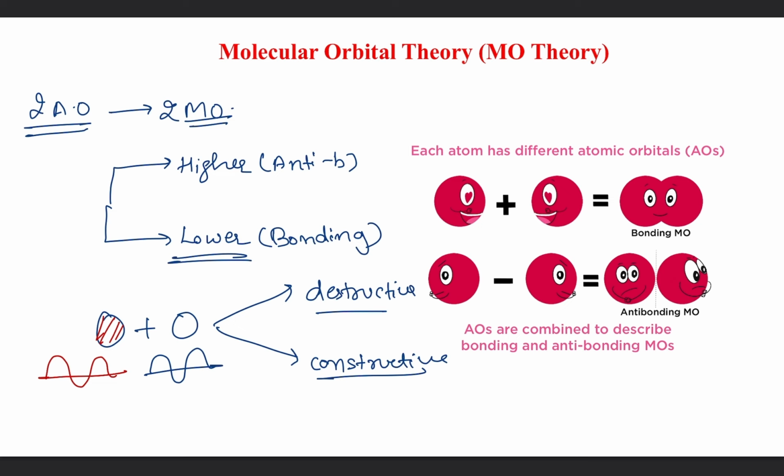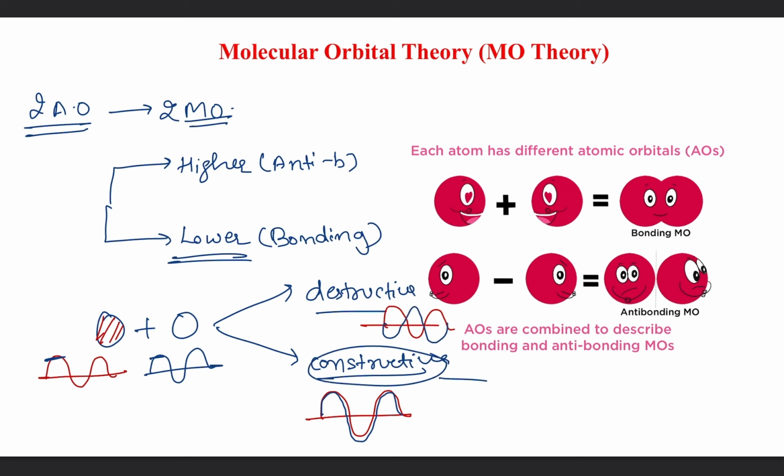When they overlap constructively, the crest of one will overlap with the crest of the other. Destructive overlapping means the crest of one is on the trough of the other.